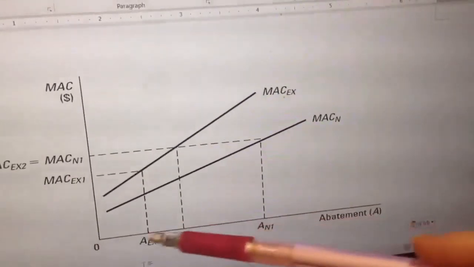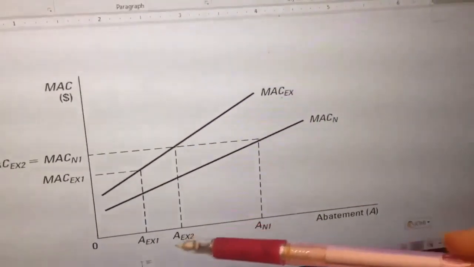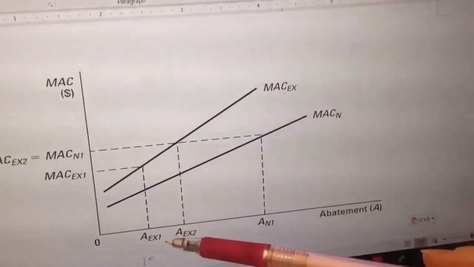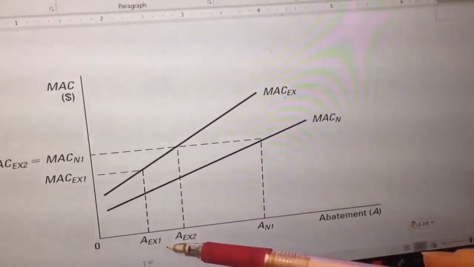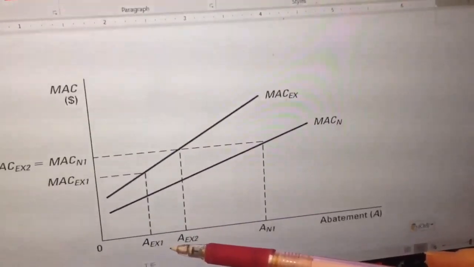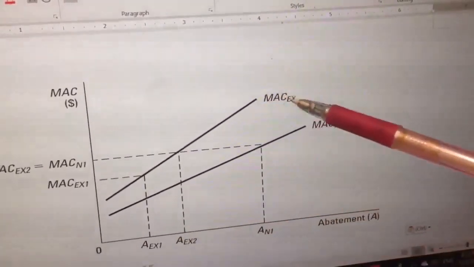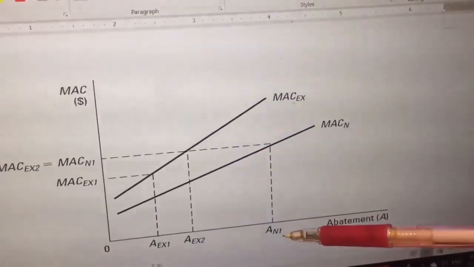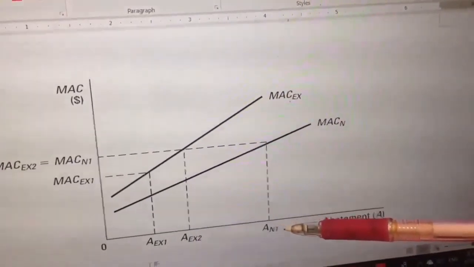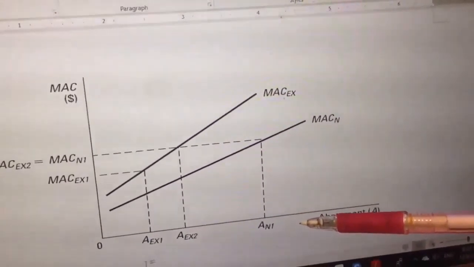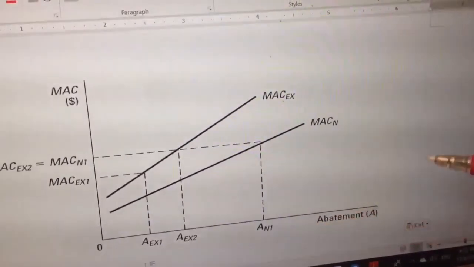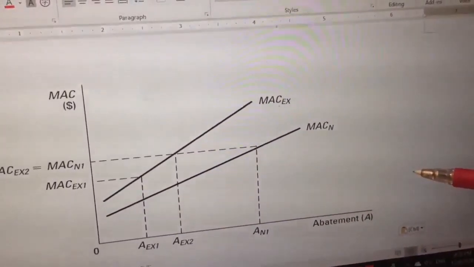Here we can see two standards. The AX1 standard is a more lenient level to represent the state determined standard on existing sources, and the second standard is the AN1, a more stringent control level based on the federal NSPS.